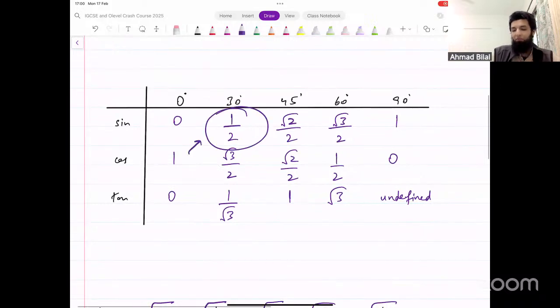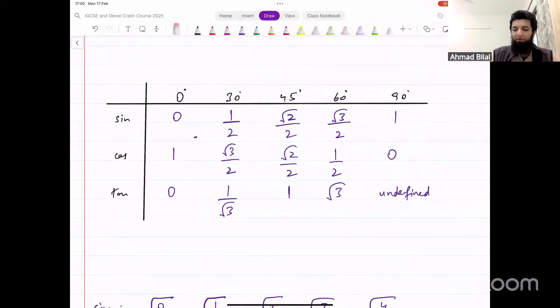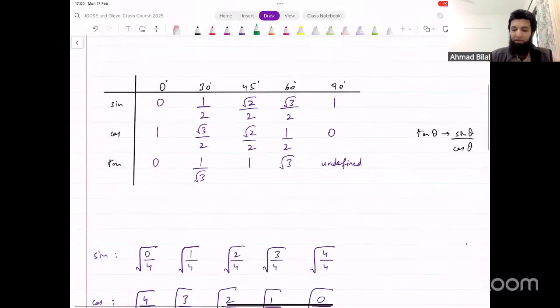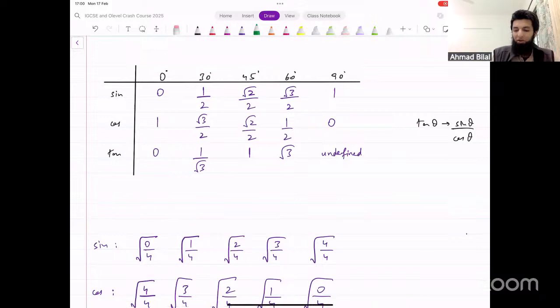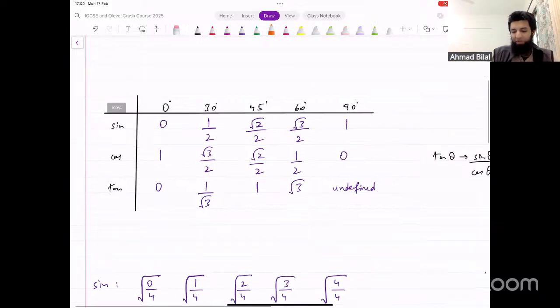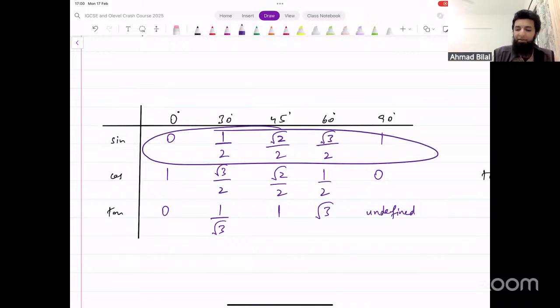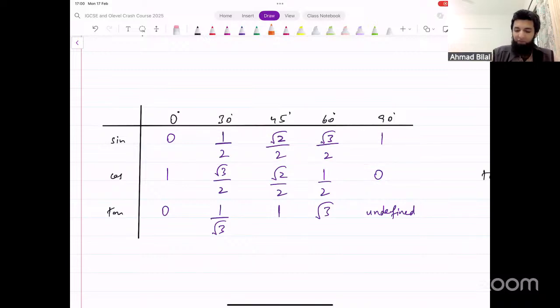And I told you one way to remember this, although these are not many different values, for sine and cos, just remembering the possible values, you can just put them here like this. Once you've done some practice, you'll basically be able to recall all of these values directly, because these are just a few unique values, because you've got 1 over 2 here, and you've got 1 over 2 here as well.